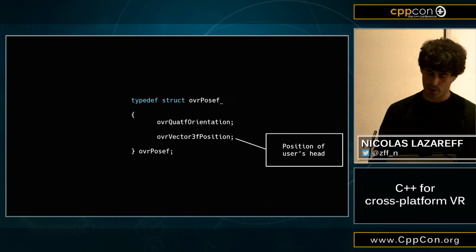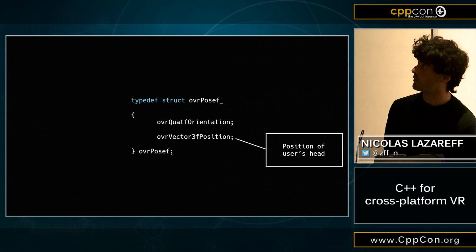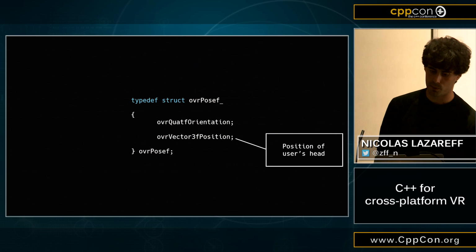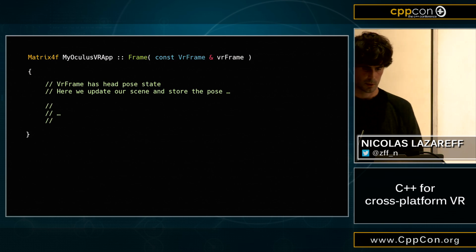This quaternion stores the orientation, and this vec3 stores the position. And actually, of note here, when it comes to the mobile SDKs, no mobile SDK at the moment provides the position of the head in space. This is still a large open problem that no one has yet been able to figure out.